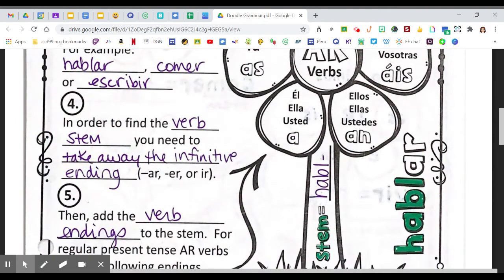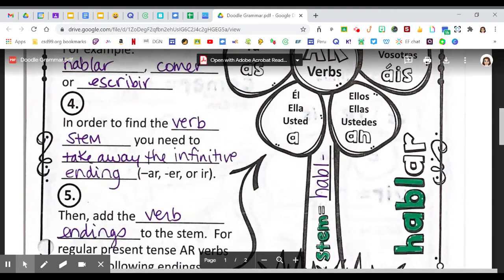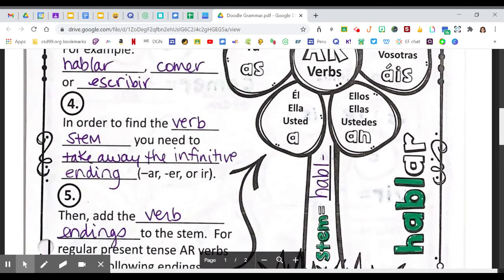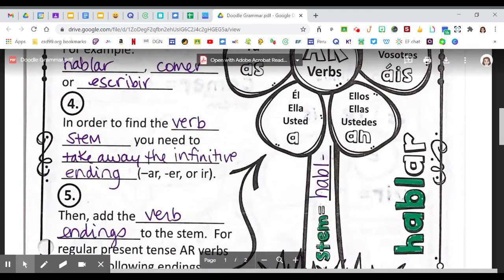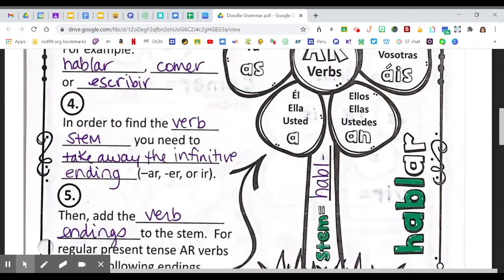We're going to use the verb hablar as it shows on the right-hand side of the document. You can add that into your flower here. The stem of the verb hablar is all of the letters in the verb minus the AR. So you're taking off the infinitive ending. You're left with what we call a stem, HABL. That is your stem.